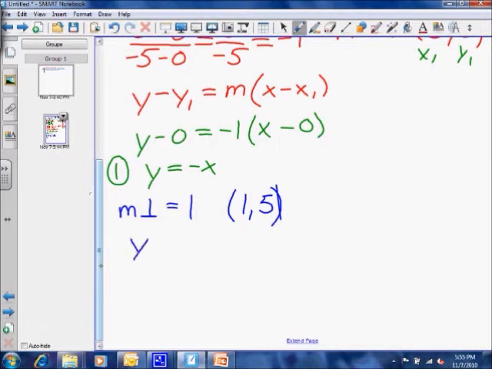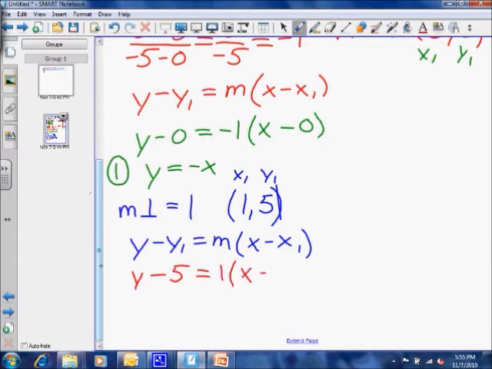So I do again point slope. I have my y minus y1 equals m quantity x minus x1. Here I have a little more work to do, as my x sub 1 and y sub 1 are not just 0. Filling in the information that I know, I have y minus 5 is equal to 1 parentheses x minus 1.